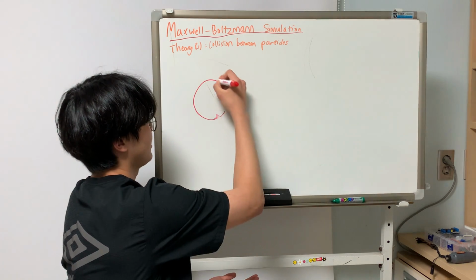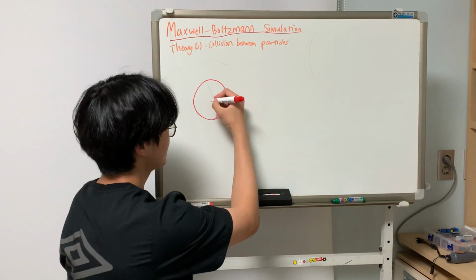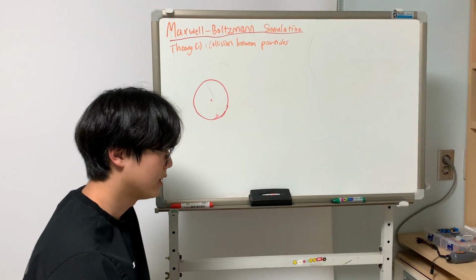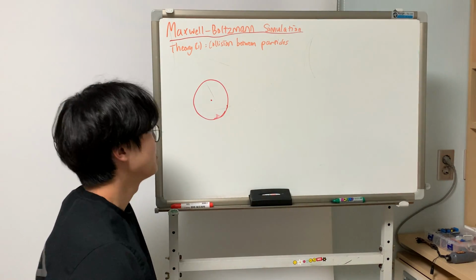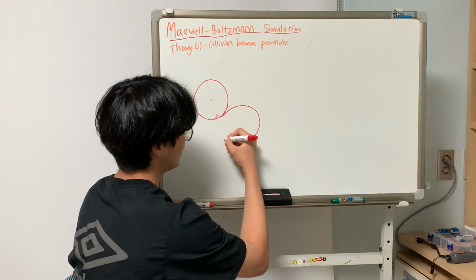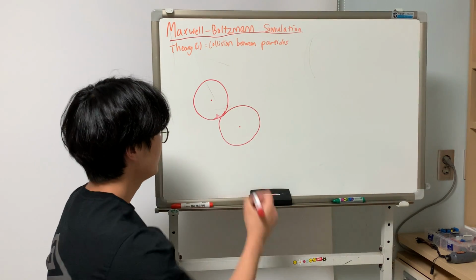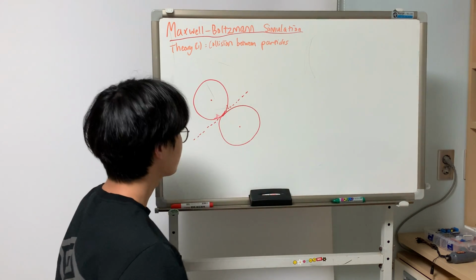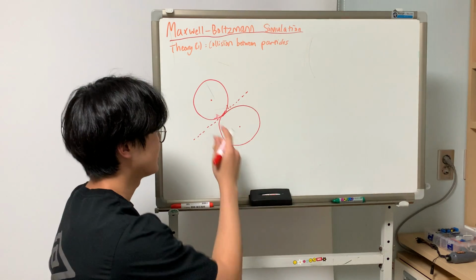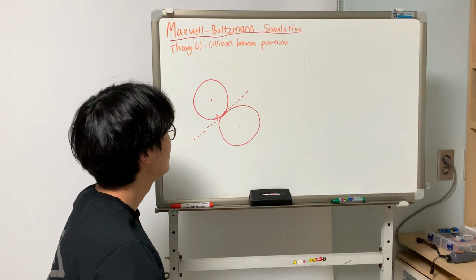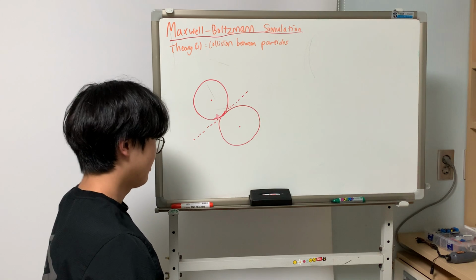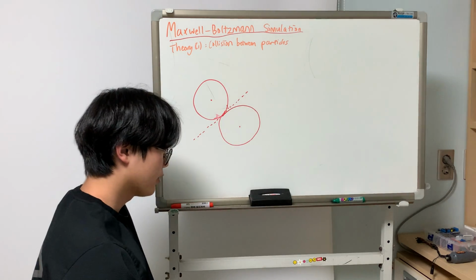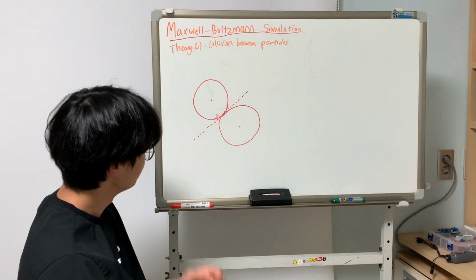Let's say that there are two spherical particles. All particles are assumed to be spherical, as in the ideal gas assumption. So we have two spheres in contact with each other, and there's going to be an axis that is tangential to both spherical circles. First of all, I'm going to assume that particles can have different mass.